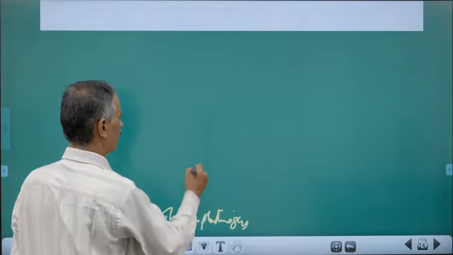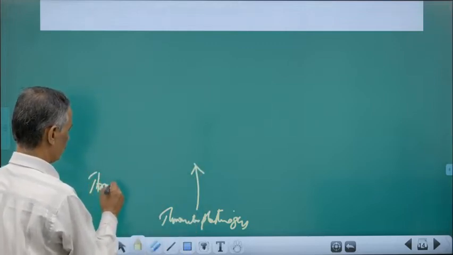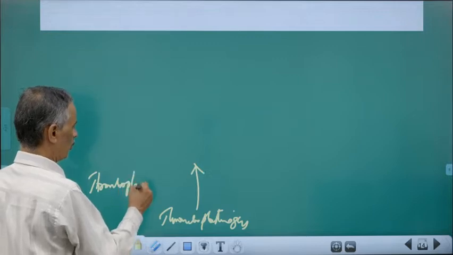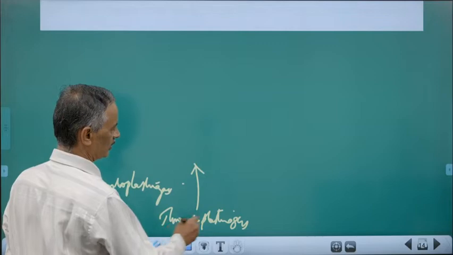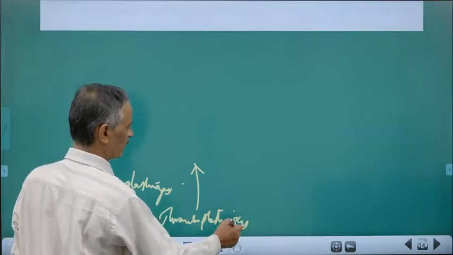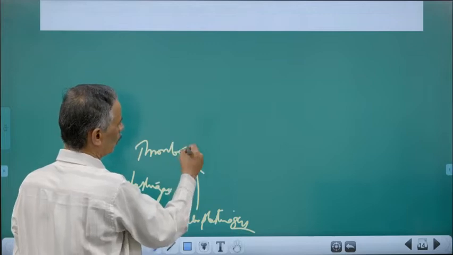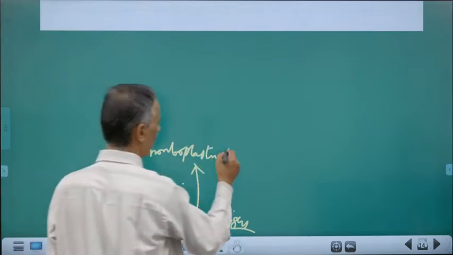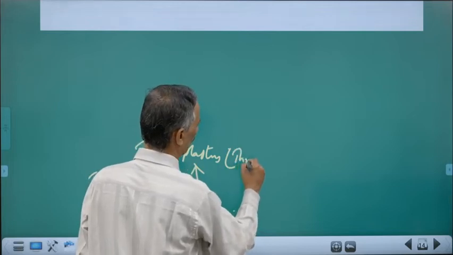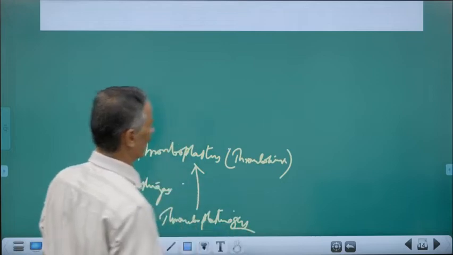Thromboplastinogen is an inactive compound. Thromboplastinogenase is an enzyme that converts this inactive thromboplastinogen to active thromboplastin. Thromboplastin is also called thrombokinase. It is an activating enzyme.